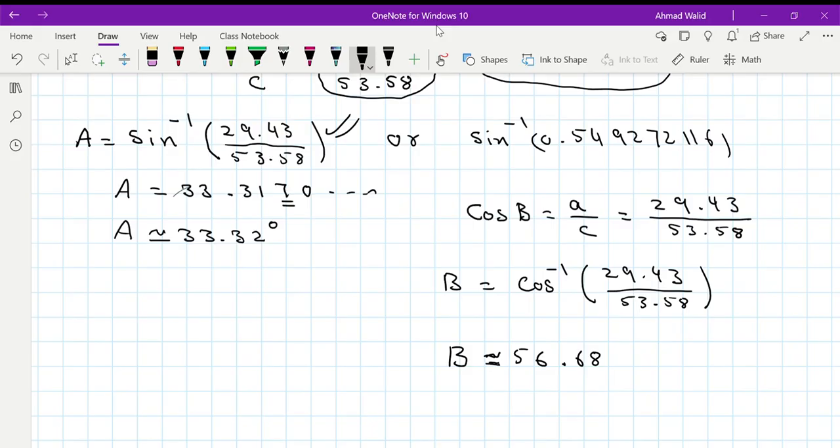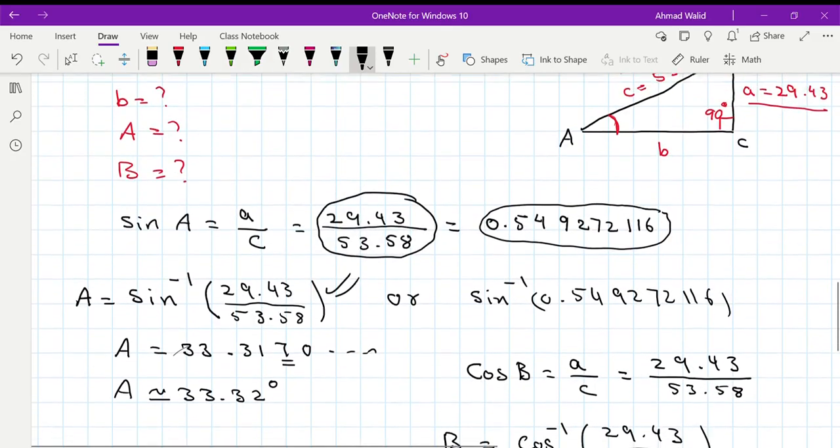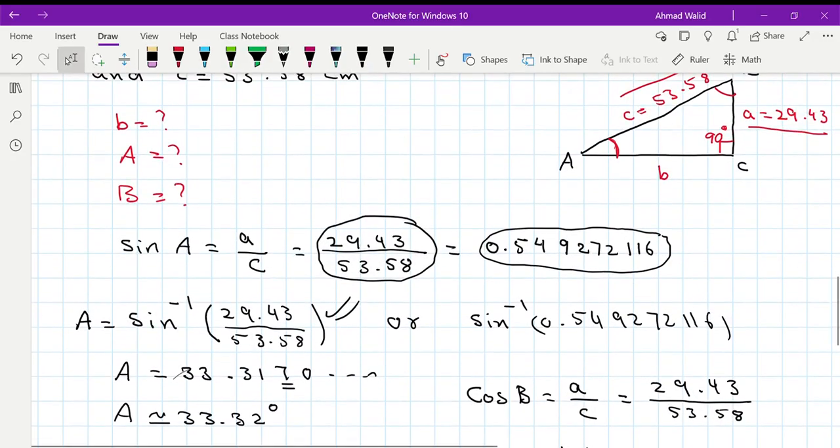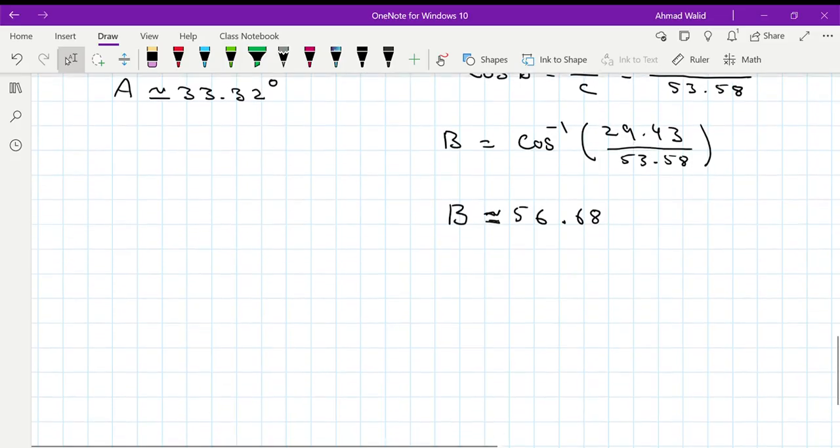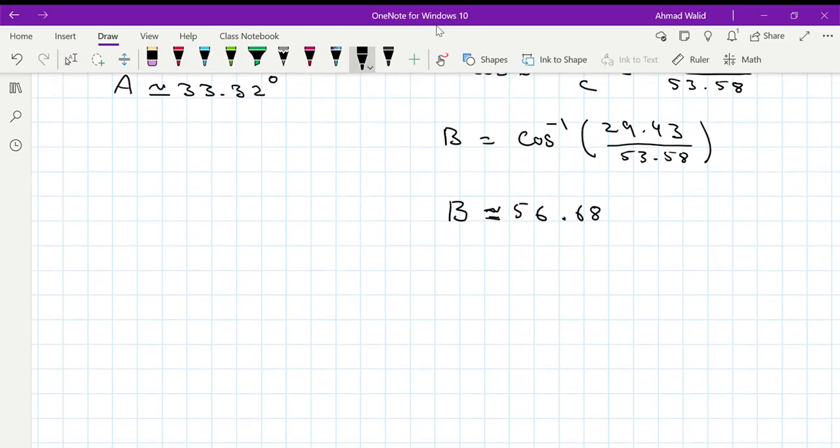Correct? Now, the only side that you have to find is b. Use the Pythagorean theorem to find the lowercase b. We know c squared equals a squared plus b squared.